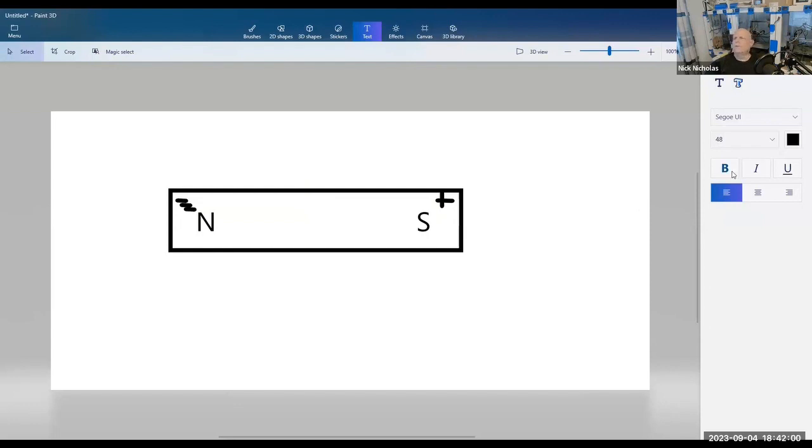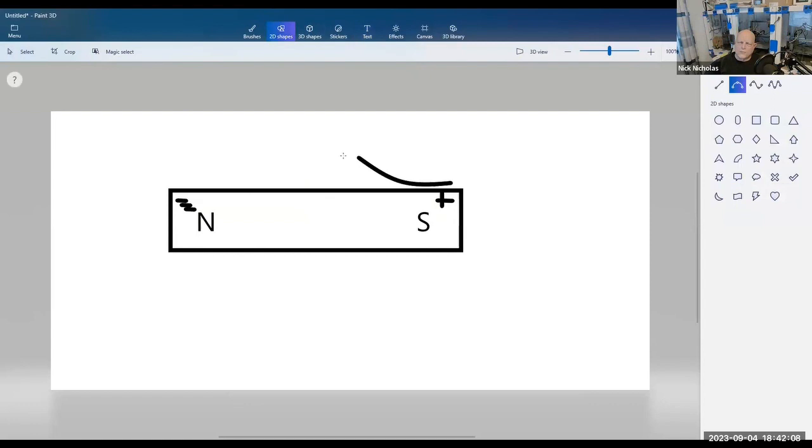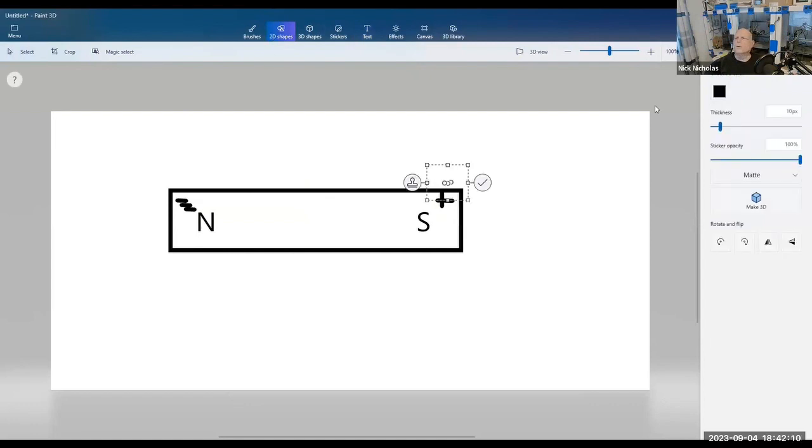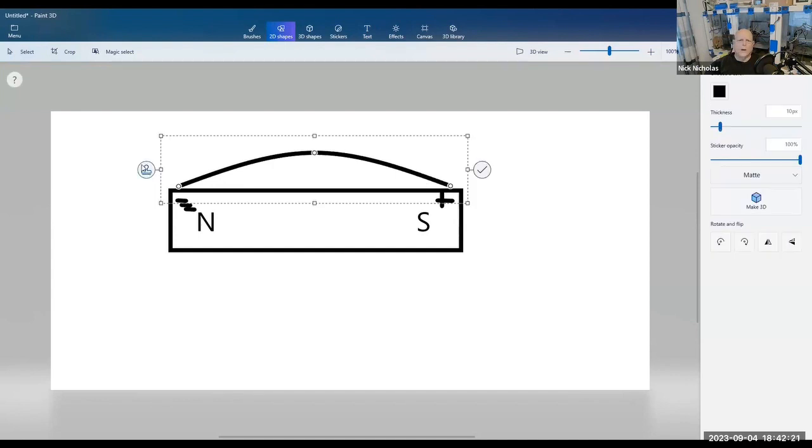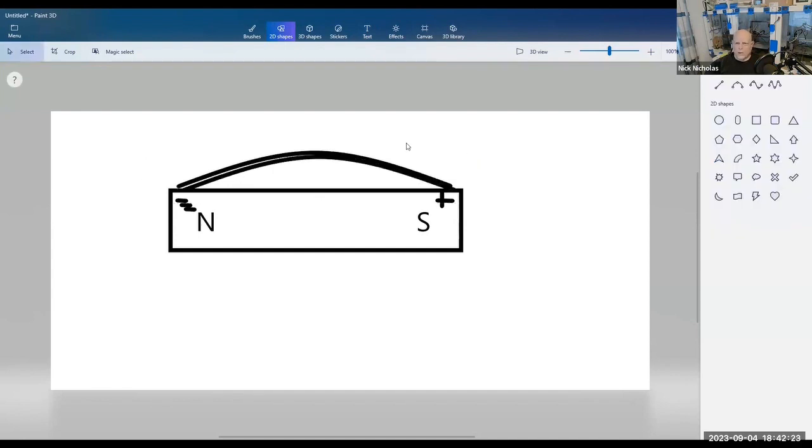This happens because, and this I've got to draw the best I can for you, there are lines of flux going around the magnet.